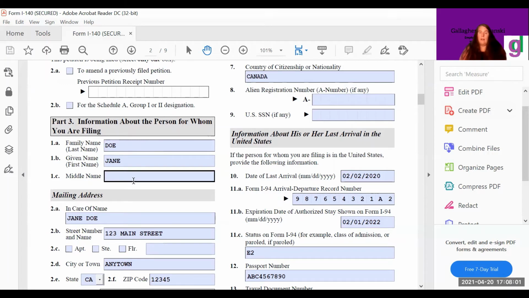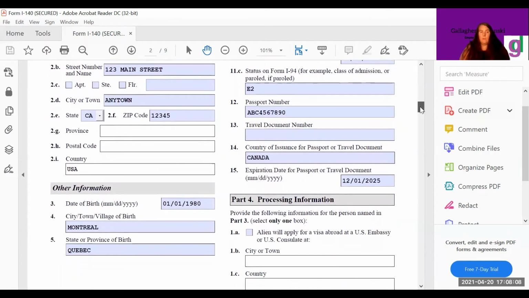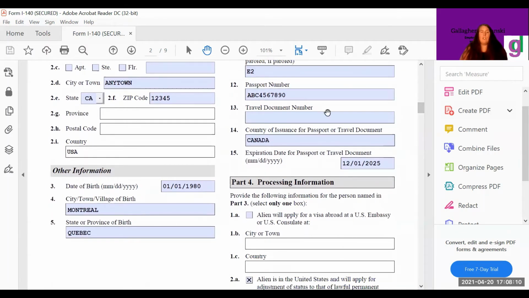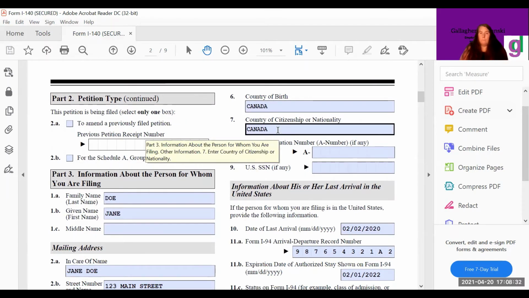So you fill out the same information again. This would be your birth date, your city of birth, your country of birth, and your province or state of birth, and your country of citizenship or nationality.